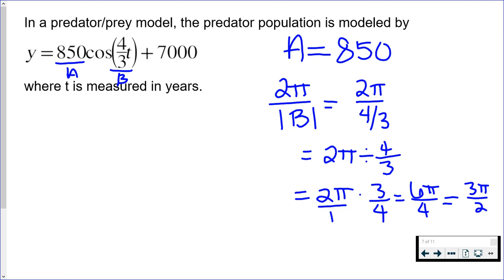So the period is 3 pi over 2. So that means this population goes through a cycle in 3 pi over 2 years.